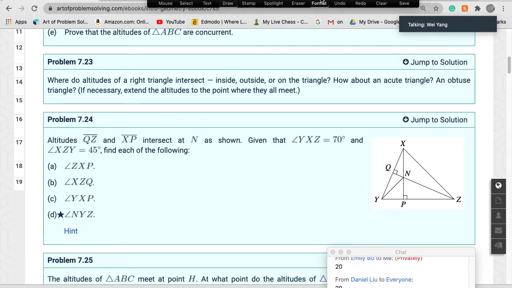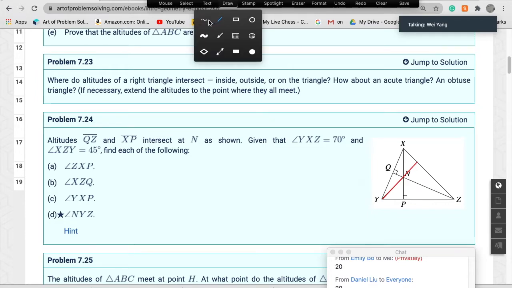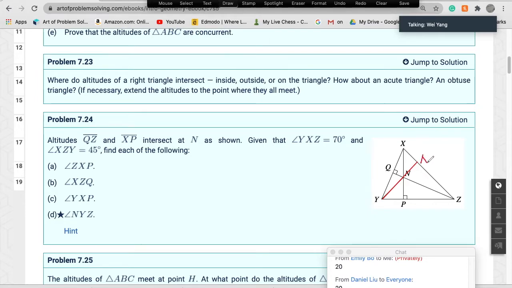You extend this line to here because this is the altitude. Suppose this one will intersect with XZ at A. This also will be a right angle, because they give you this angle equals 70 degrees.